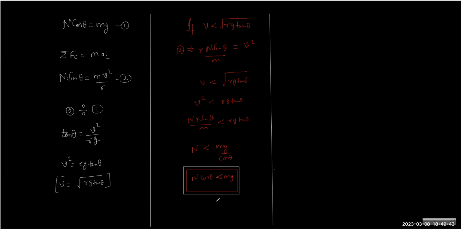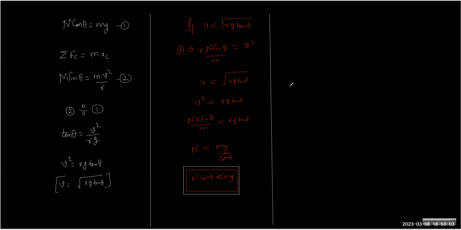It will keep on sliding till it comes to the bottom. So now, whenever you have V less than this, you cannot stick to the track, rather you will spiral down and will hit the bottom eventually.